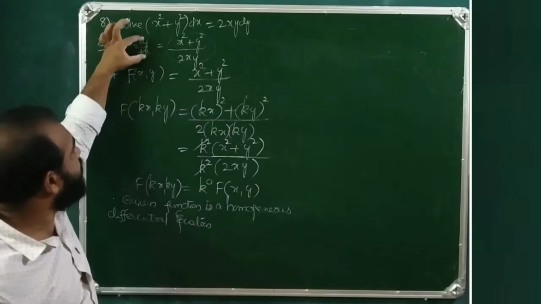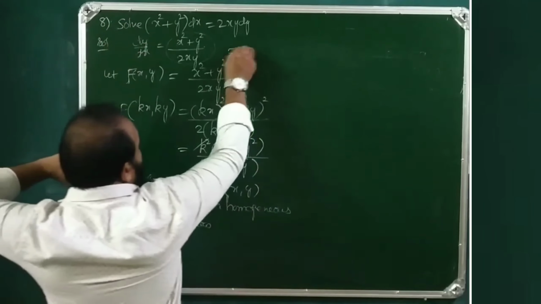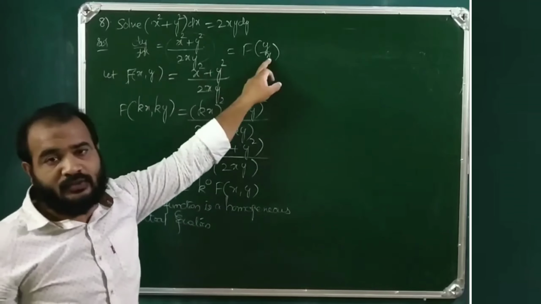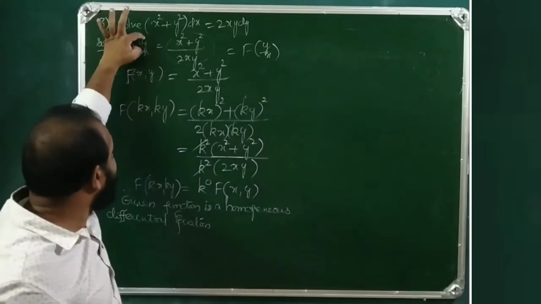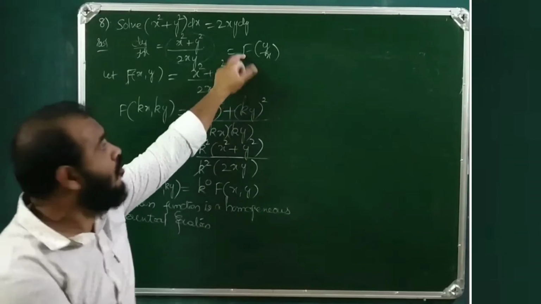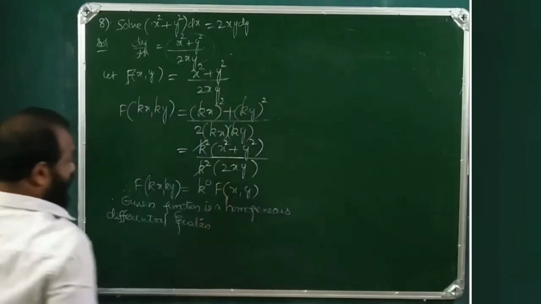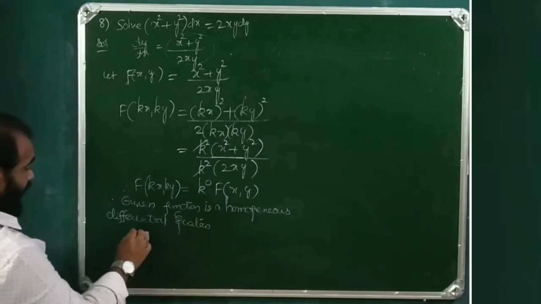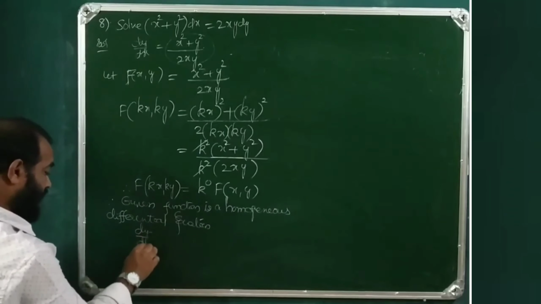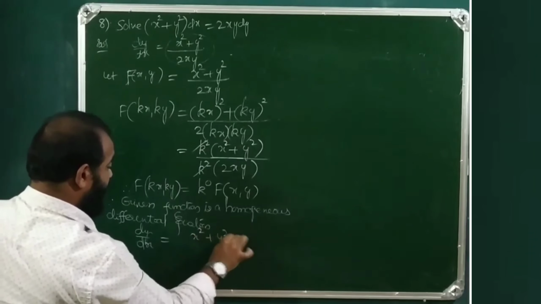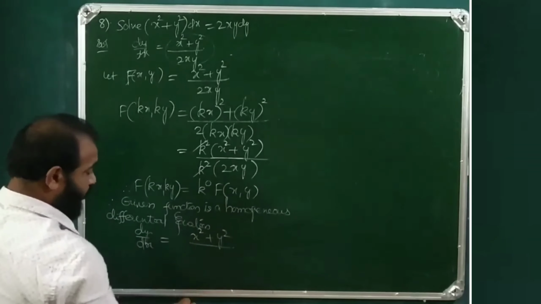Since this is dy by dx, f of y by x we need to express. Had it been dx by dy, it would have been f of x by y. So now dy by dx is equal to x square plus y square by 2xy.